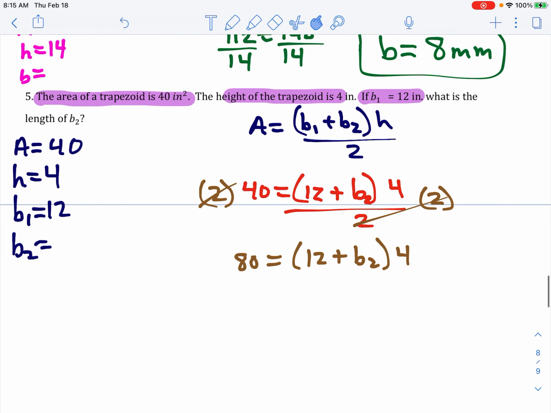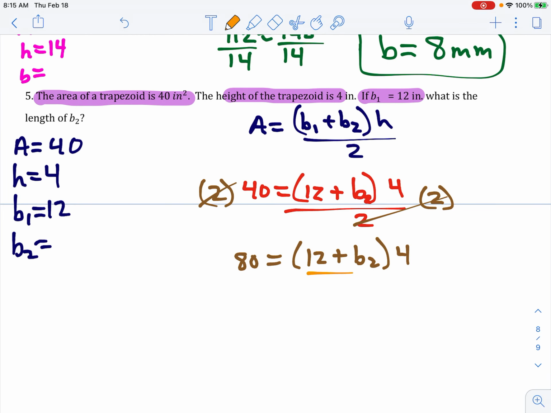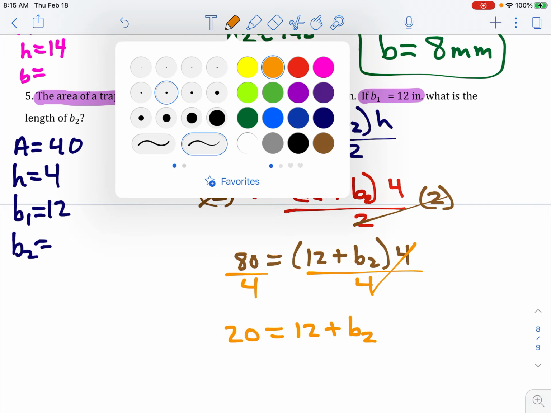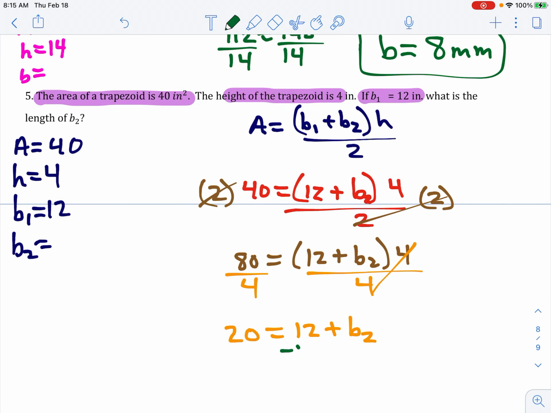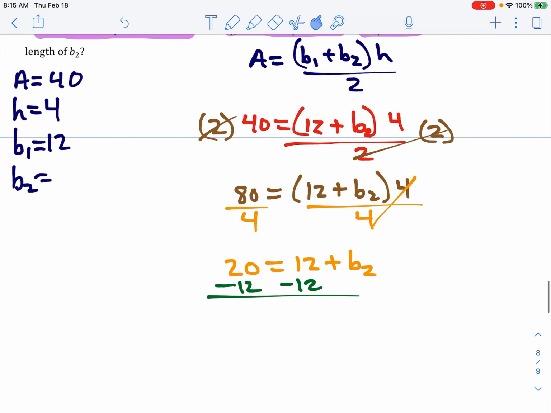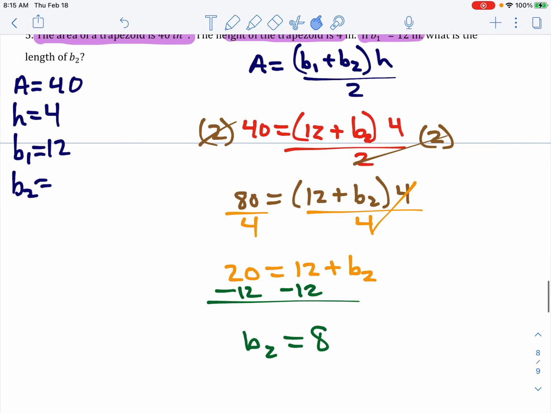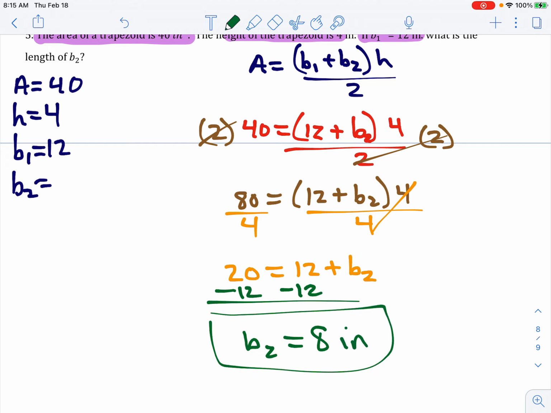Well, I want to move that 4 right now, and if we're timesing by 4, I'm going to do the opposite. So I'm going to divide both sides by 4, and those will cancel. I'm left with 20 equals 12 plus B2. Well then, last step to solve will be to move that 12 over, and that will tell me that B2 is equal to 8. And my guess was inches, so 8 inches was B2.